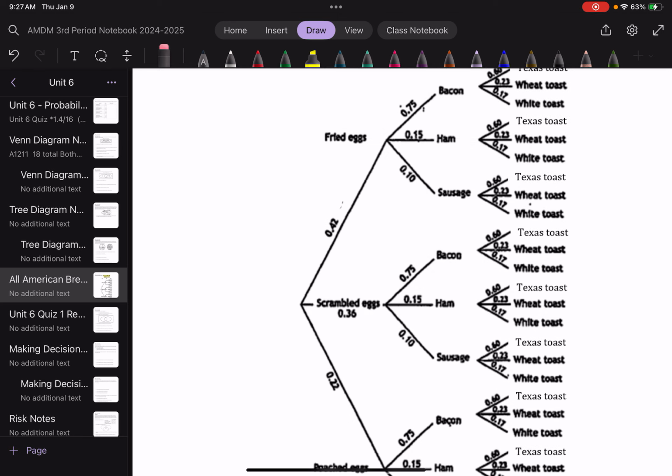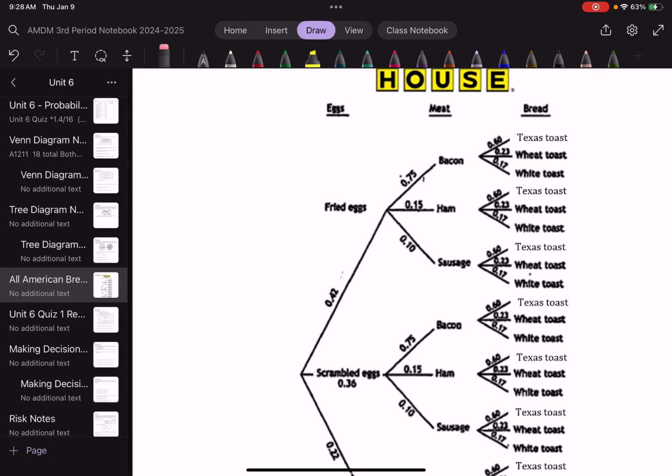For meat options, 75% of people would purchase bacon, 15% would purchase ham, and 10% would purchase sausage. For bread, 60% would purchase Texas toast, 23% would purchase the wheat toast, and 17% would purchase the white toast.